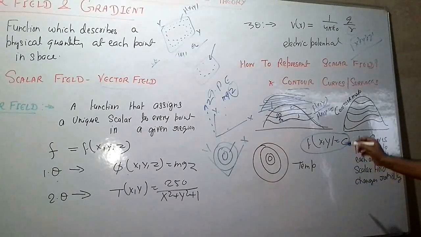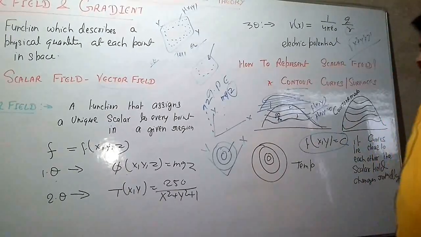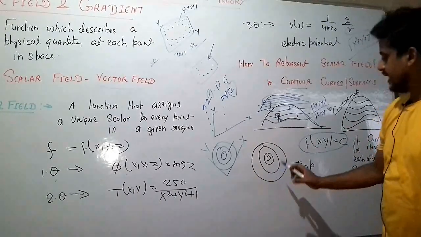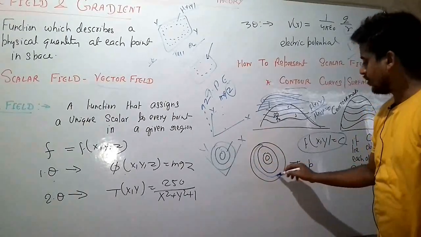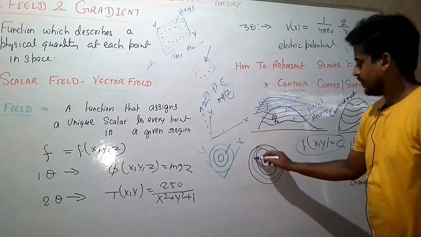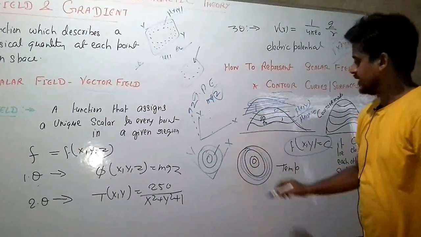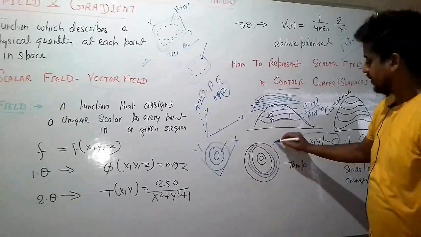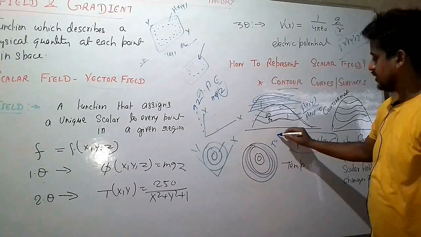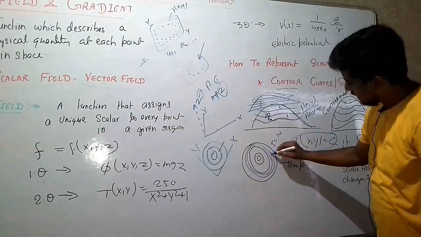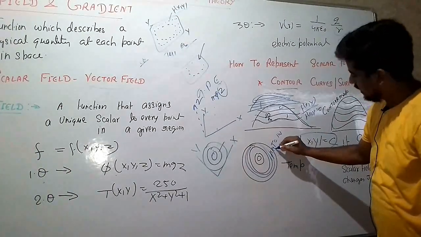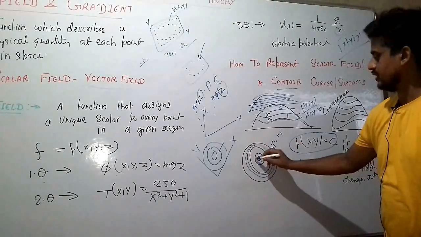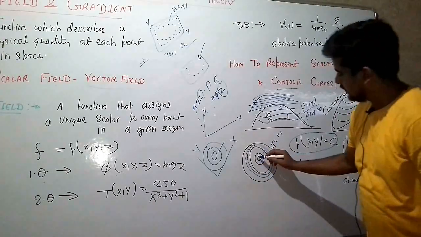And remember, at each contour curve the scalar field is constant. This is an example of contour curves on the plate. On the plate you can see that each contour curve has a different temperature. Here T is, suppose, 100 Kelvin, at this line T is 140 Kelvin, and so on.